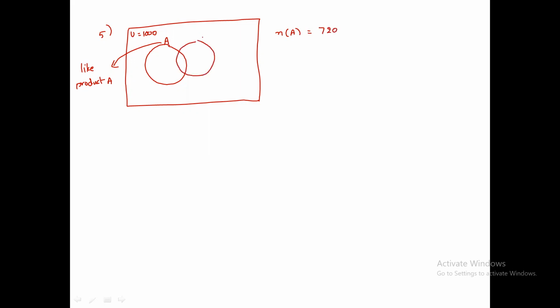There is another circle B. That means customers who like product B. So how many customers like product B? 400 consumers. What is the least number that must have liked both the products? A intersection B. That means liking both products. That is what we have to find.